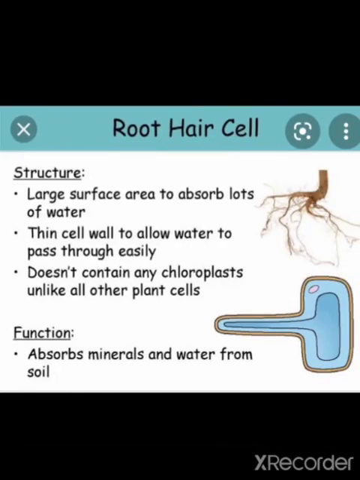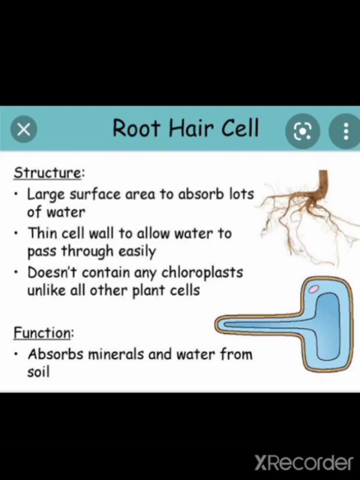Then another example is the root hair cell. Root hair cells do not have chloroplasts. They do not need chlorophyll as they are mostly found underground. And what is their job? Their job is to draw in water and mineral salts from the soil. They are long and thin to provide a large surface area, so they can absorb lots of water.